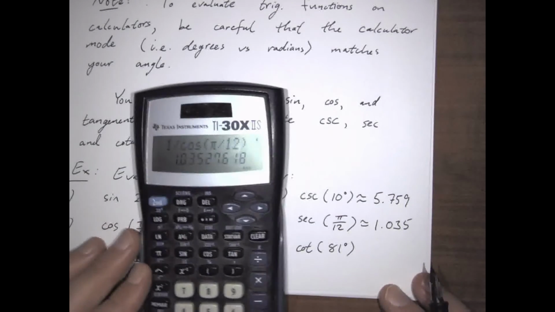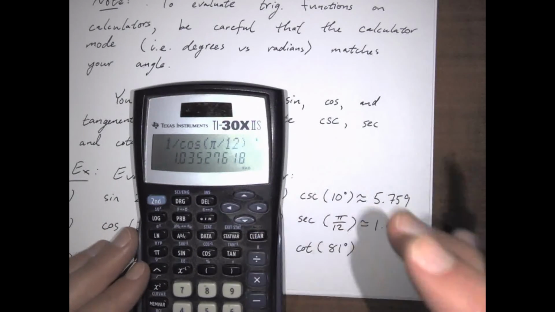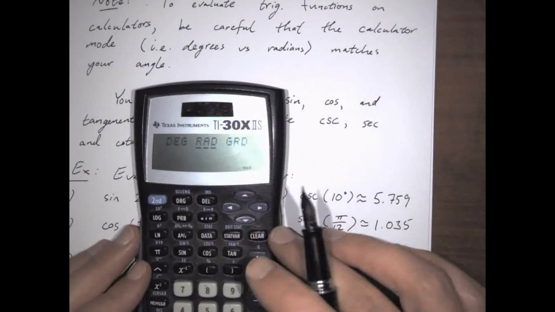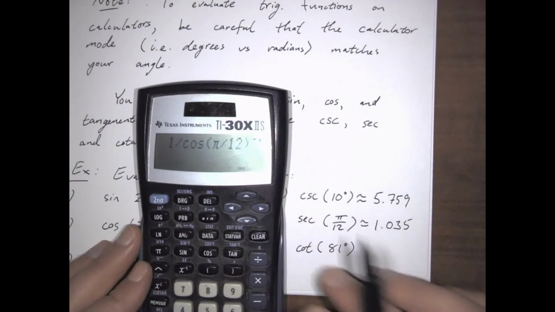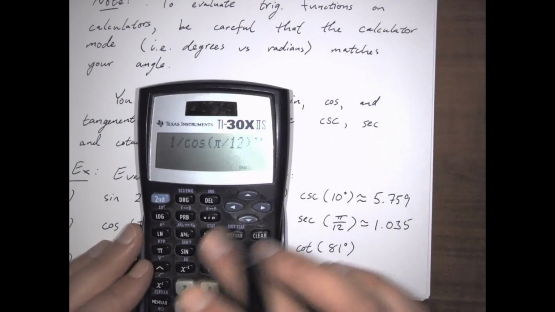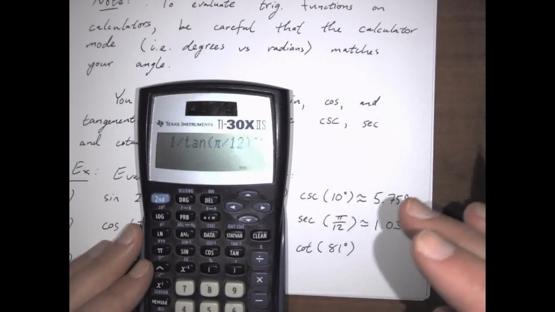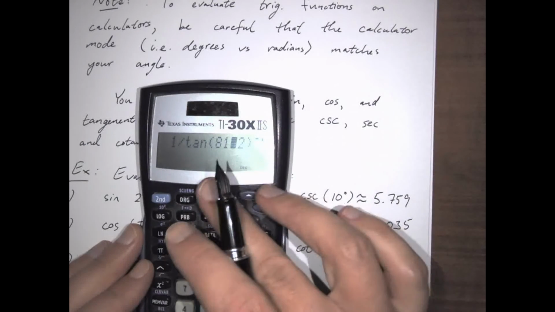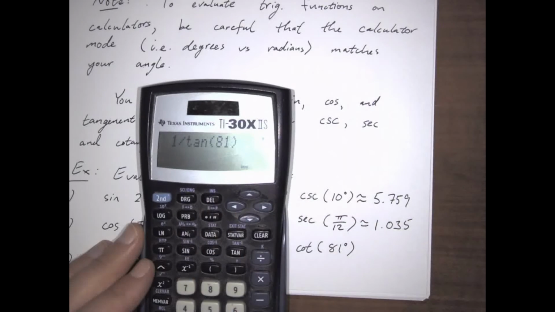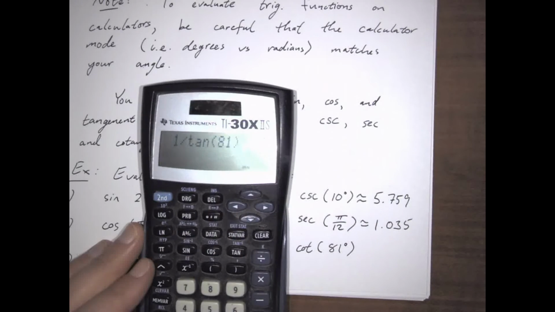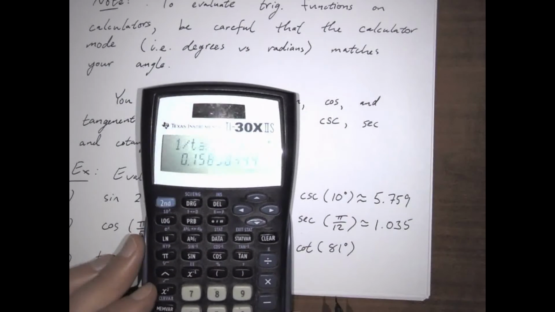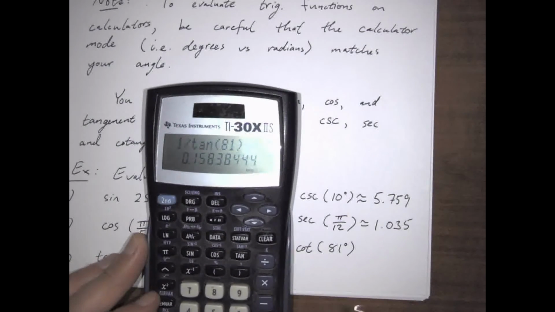Now for cotangent, I'll just do the same again. Change to my suitable angle system here, and go tangent 81. And I get 0.158.